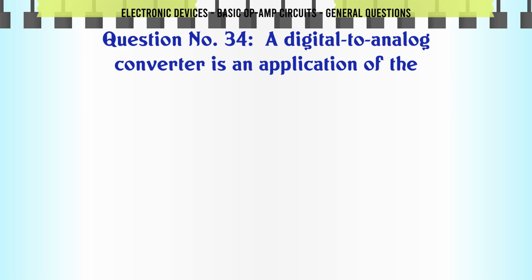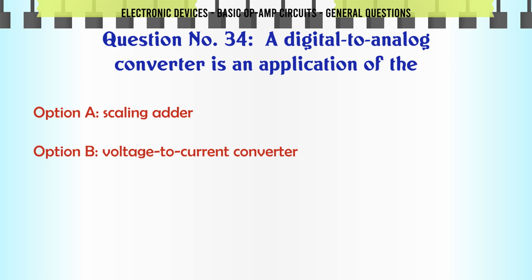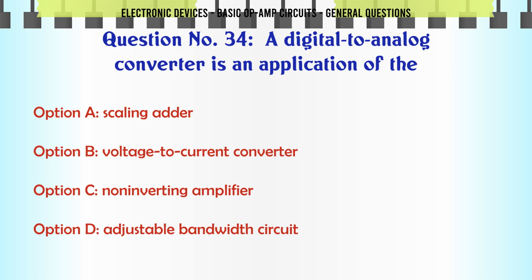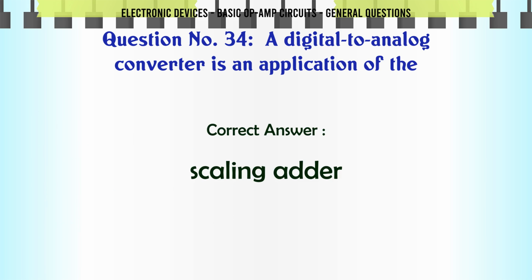A digital to analog converter is an application of the A. Scaling adder. B. Voltage to current converter. C. Non-inverting amplifier. D. Adjustable bandwidth circuit. The correct answer is scaling adder.